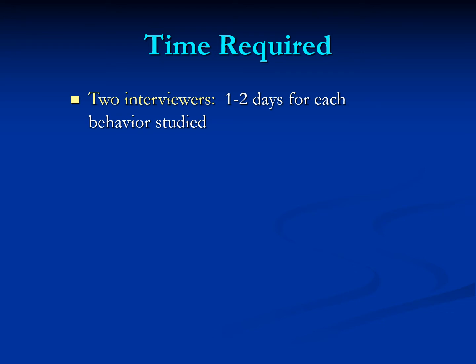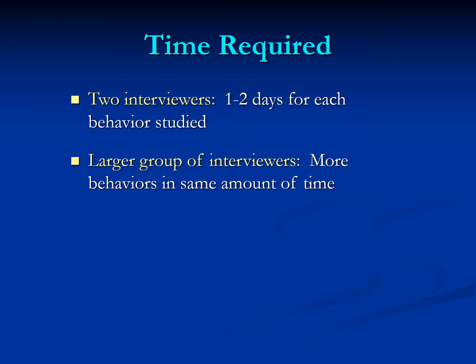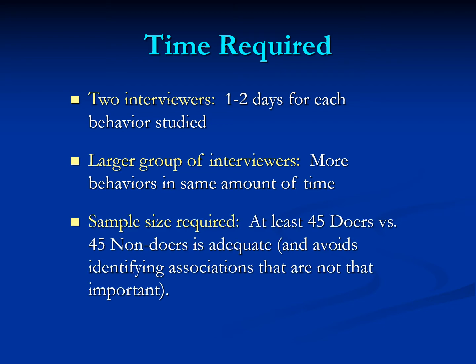It takes about 1 to 2 days for each behavior study. If you have a larger group of interviewers, you can actually study more behaviors in the same amount of time. And it doesn't need a huge sample size. You need about 45 doers versus 45 non-doers. That's adequate. And it avoids identifying really small associations that are really not that important and don't drive the behavior as much.